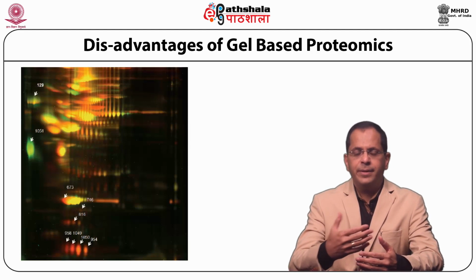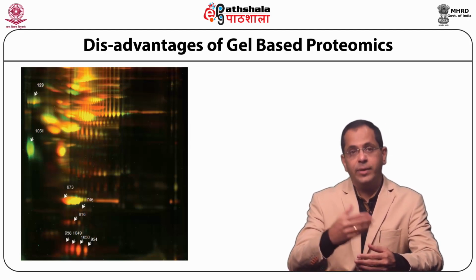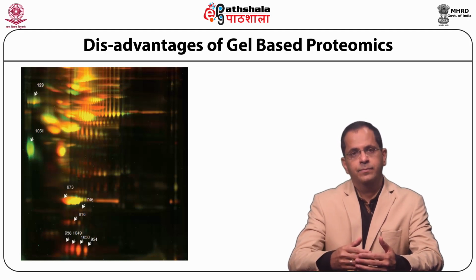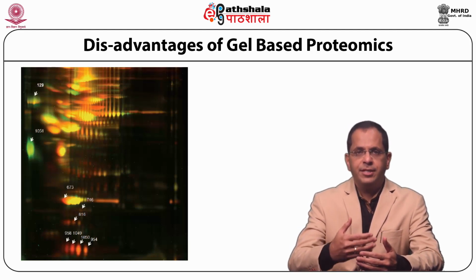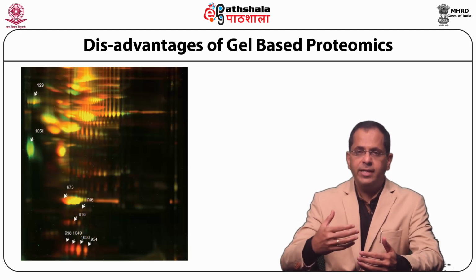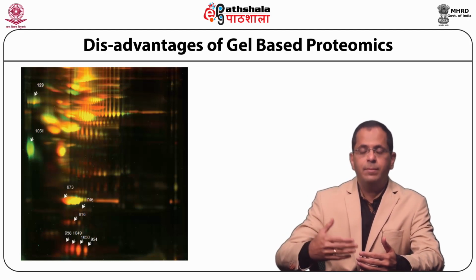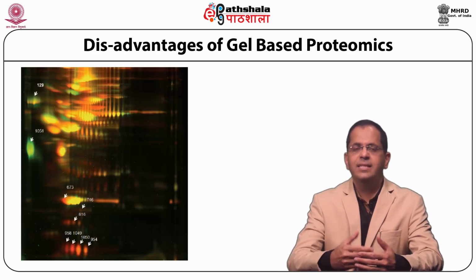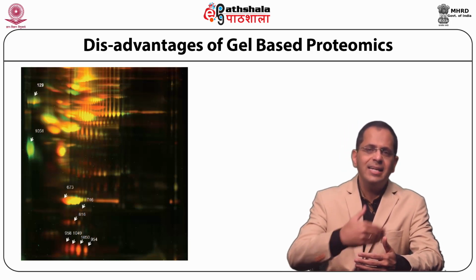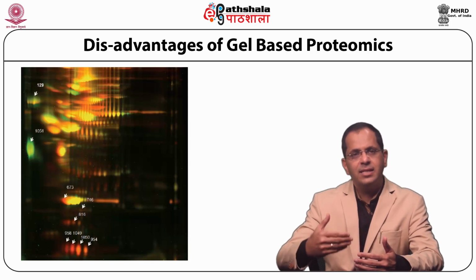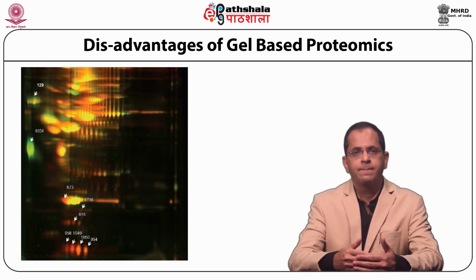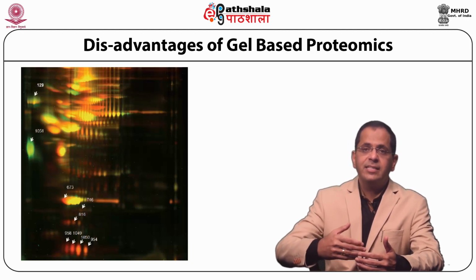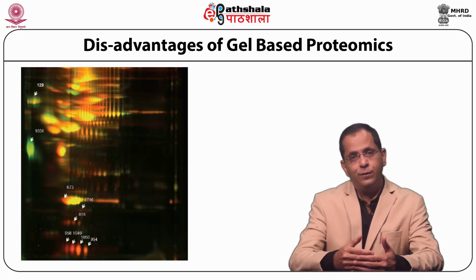In gel-based proteomics, quantitative reproducibility is very difficult. There is poor representation of low abundant proteins because they are masked by all the high abundant proteins. There is difficulty in profiling highly acidic or highly basic proteins. Difficulty also lies in profiling proteins with extreme size or hydrophobicity.